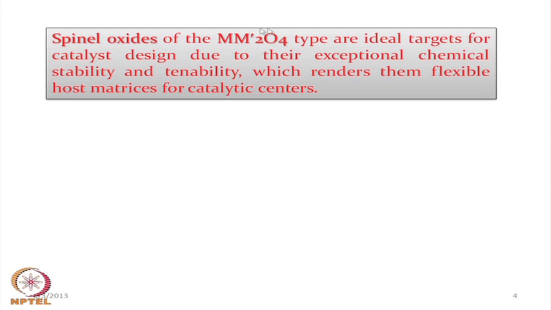We can design good catalysts based on these oxides because they have very good chemical stability and tunability, that means we can tune them from one structure to another, and they can be utilized as flexible host matrices for catalytic centers. So, the spinels can function as good catalytic systems.